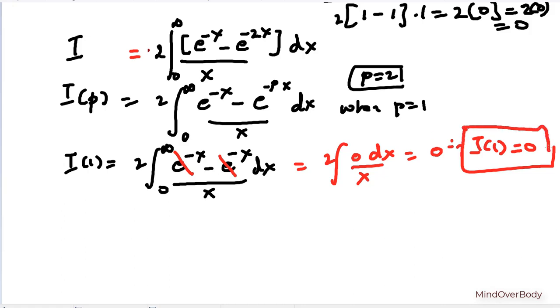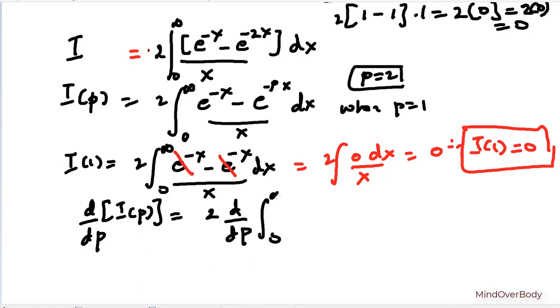Okay, so having got that, let me move on. Now what I wish to do is apply the total derivative d over dp on I of p. That is equal to 2 times d over dp of the integral from 0 to infinity of (e raised to the power of negative x minus e raised to the power of negative p times x) divided by x times dx.